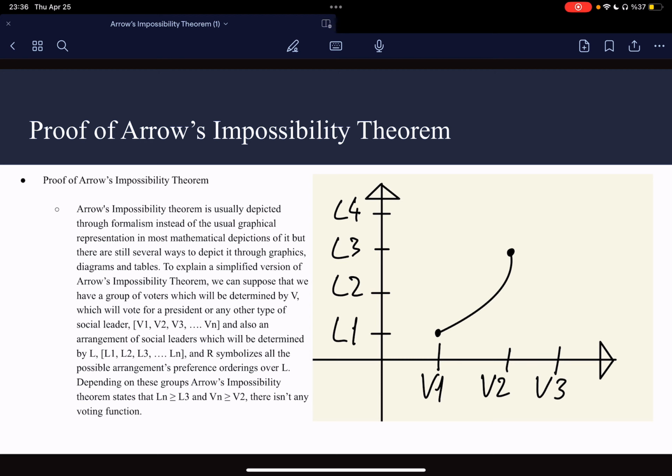Depending on these groups, Arrow's impossibility theorem states that for Ln greater than or equal to L3 and Vn greater than or equal to V2, there isn't any voting function F from Vn to R that satisfies Pareto efficiency, independence of irrelevant alternatives, unrestricted domain, and non-dictatorship.